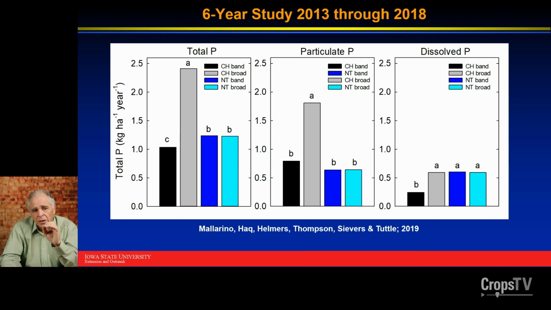These are 6 years of data, a very precise study. And what we conclude is that placement apparently is important when there is tillage and lots of soil and phosphorus loss because of the tillage. That is not what we expected. Most people expect that to be the case in no-till. But this is what we found.